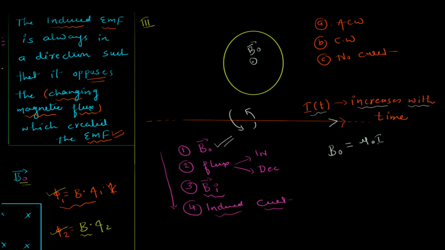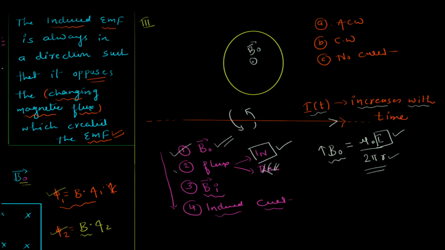This is again a result of Ampere circuital law; we have derived this there. r is the distance of the point where you want to find the magnetic field from the straight conductor. 2 pi is just a constant, mu naught is also a constant, but I, in the present situation, the current which is causing the original magnetic field, is that constant? I don't think so. Current is increasing, so magnetic field is increasing. If the magnetic field is increasing, flux, my friends, is also increasing. So the decreasing case is gone; flux is increasing.